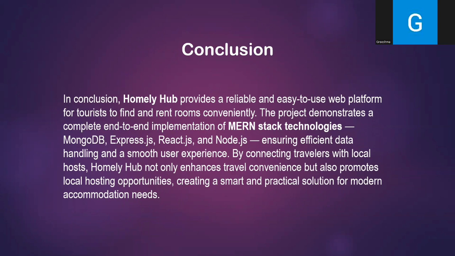By using MongoDB, Express.js, React.js, and Node.js, we successfully built a system that connects the front end and back end efficiently, ensuring smooth performance and real-time functionality. Through this project, we gained practical knowledge of how different web technologies work together, from database management to interface design.